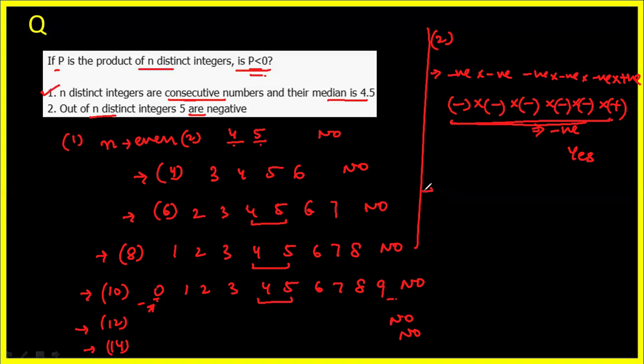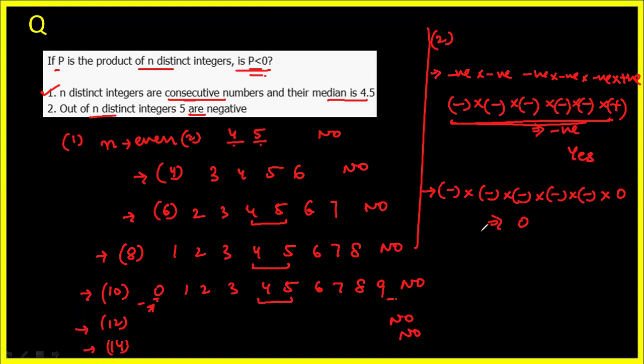Now let's take case number 2. Still 5 negative integers. Okay, we'll take negative integers: 5 negatives are there. What about if we take 0? Let's take the sixth integer as 0. What will be the product now? The product is going to be 0, because 0 multiplied by anything is 0.